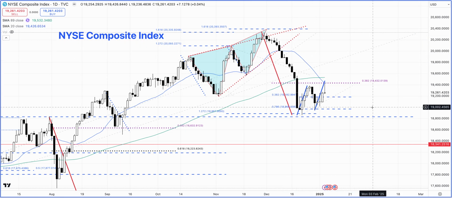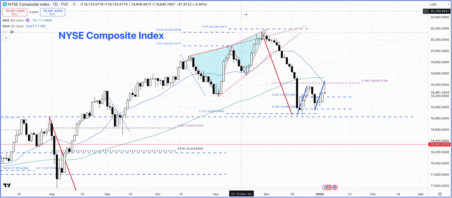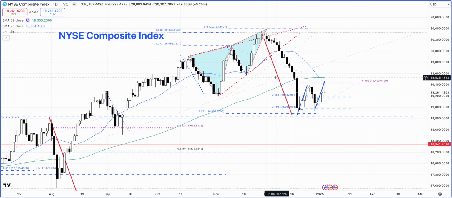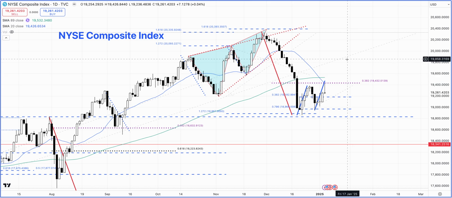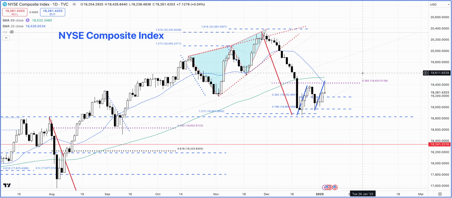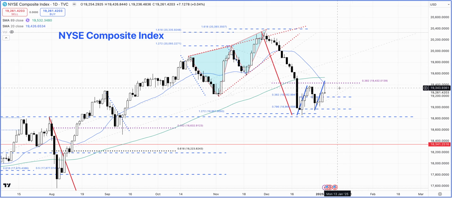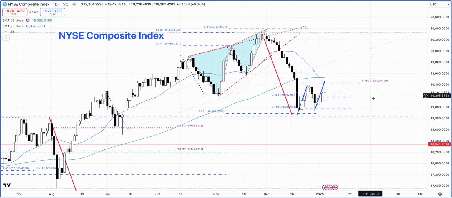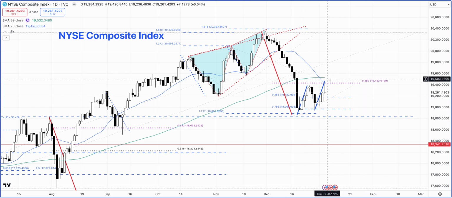But if the market is able to close above this, especially on two consecutive days, look how bearish this move has been. It's one of the bearish-looking charts, just like the Dow Jones Industrial. It's going to be really good if it is able to get above 19,430. The momentum will begin to look positive because the price will move above the 20-day moving average, and of course it would have cleared the 38.2% retracement, which works really well in strong trending markets, the 50%, 38.2%, and then of course it had this ABCD here as well.